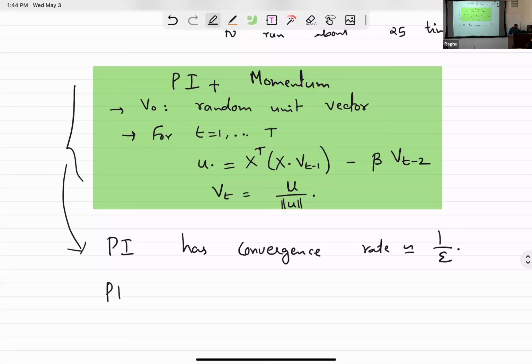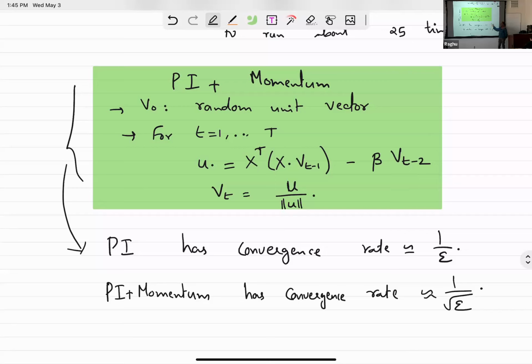And PI plus momentum is something similar to what happened in gradient descent, right? For gradient descent also, it had a convergence rate 1/epsilon.